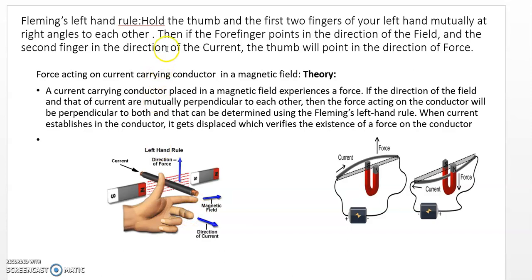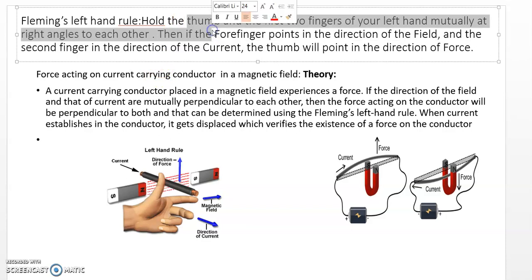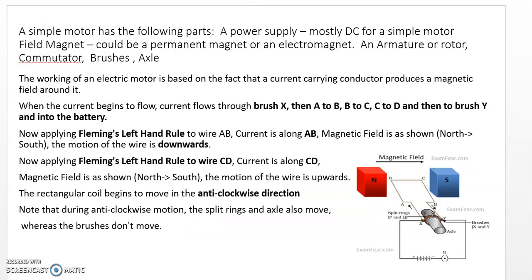It states: hold the thumb and the first two fingers of your left hand mutually at right angles to each other. If the forefinger points in the direction of the field, and the second finger in the direction of the current, then the thumb will point in the direction of the force. So this is Fleming's left hand rule.